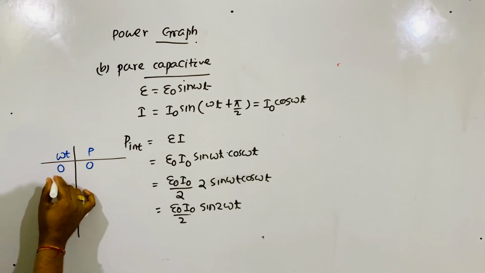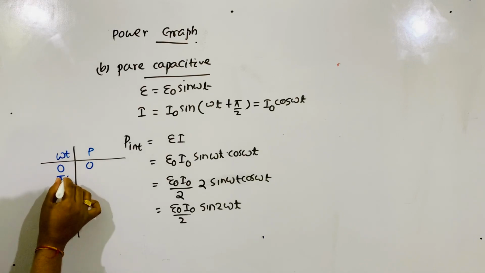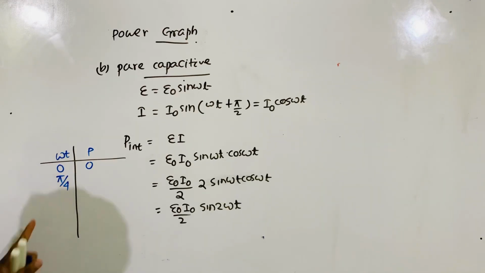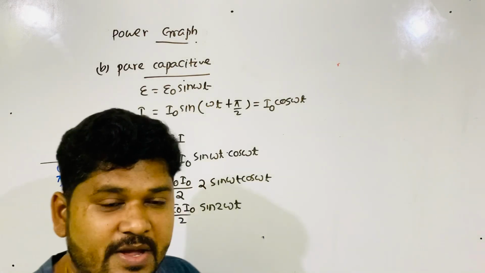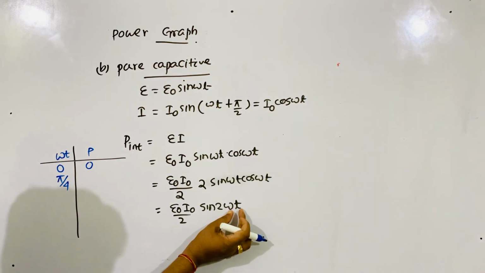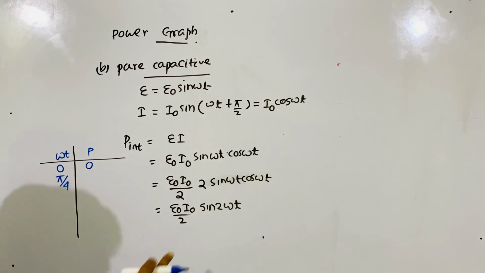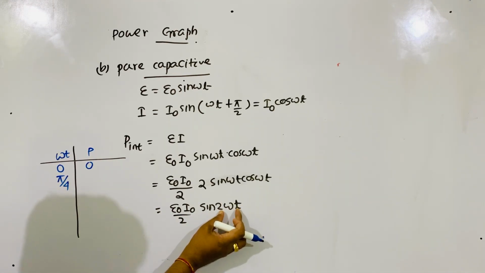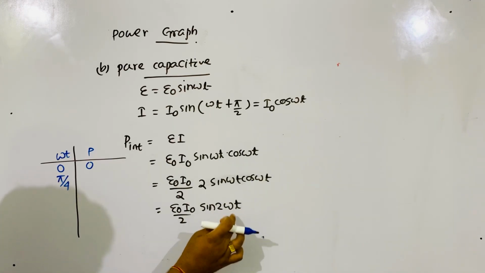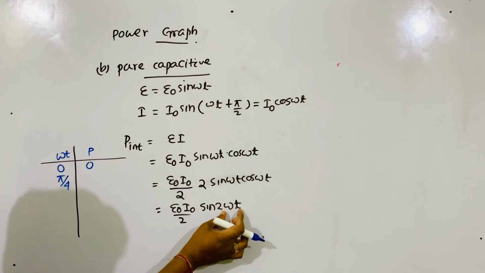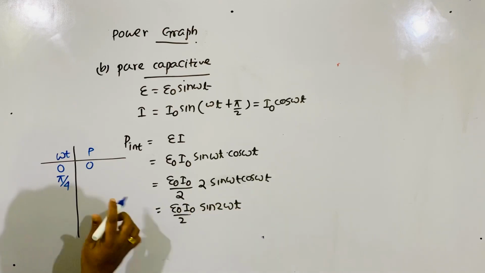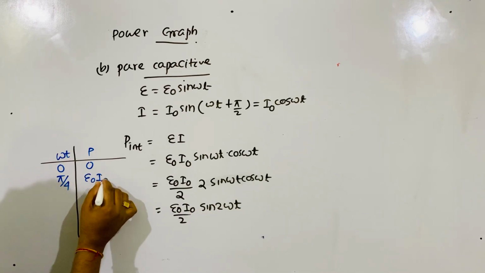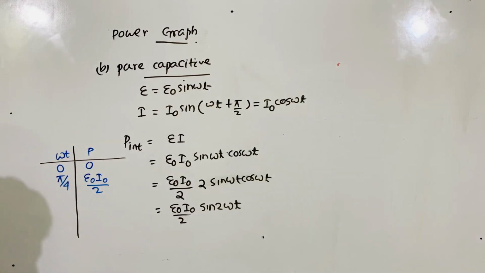Omega t pi by 4, that is 45 degrees. Why pi by 4? Because 2 into omega t will be 2 into pi by 4, which is pi by 2 or 90 degrees. So sin 90 degrees is 1, so it's E naught I naught by 2.